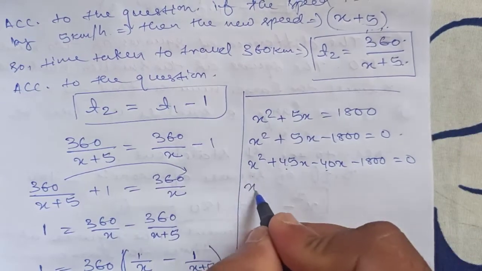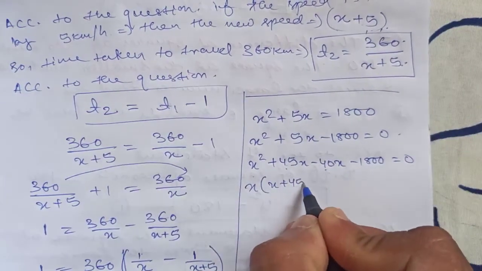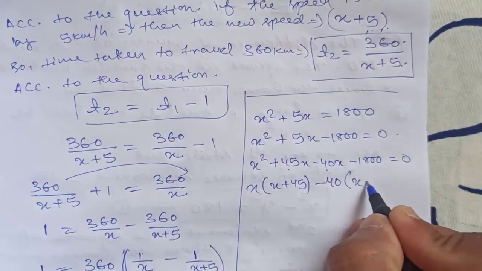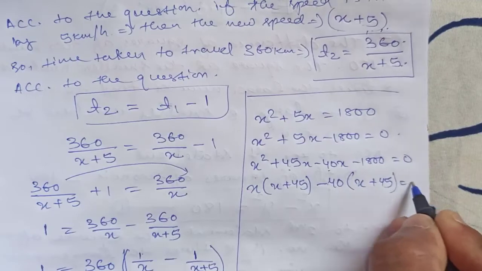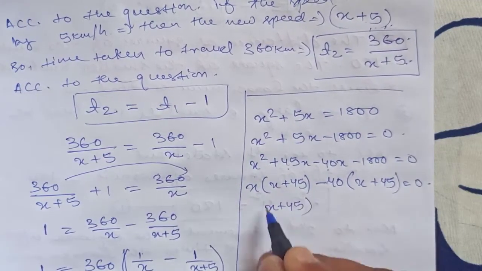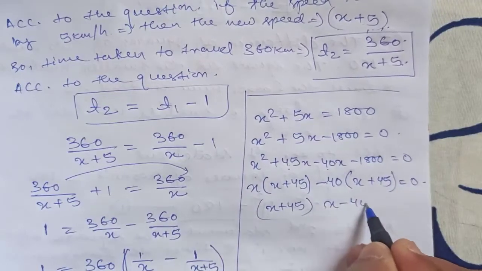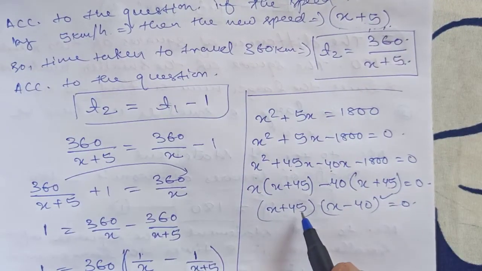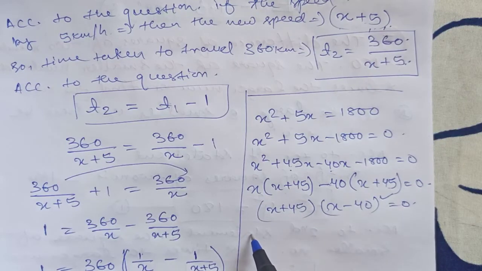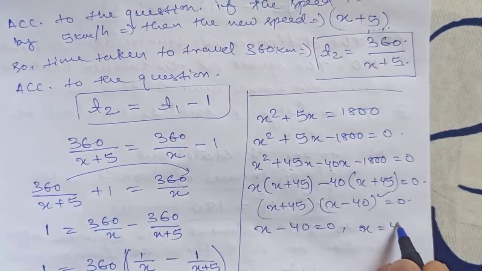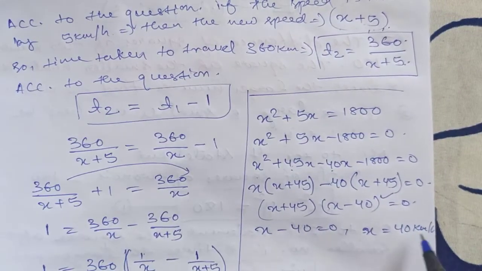Okay, take out x common, we will get x plus 45, minus take out 40 common, x plus 45 we will get, equals 0. Now between these two write 1 and write these two together. x minus 40 equals 0. So this will be our answer, because negative speeds we are never taking. So x minus 40 equals 0, that is x equals 40 km per hour.